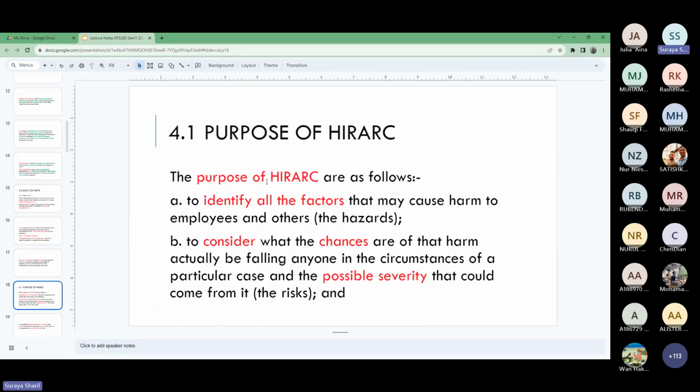So going back to this one, the purpose of HIRARC is, first, to identify all the factors that may cause harm to the employees and others. Second is to consider what the chances are of the harm actually befalling anyone in the circumstances of a particular case and the possible severity that could come from it.